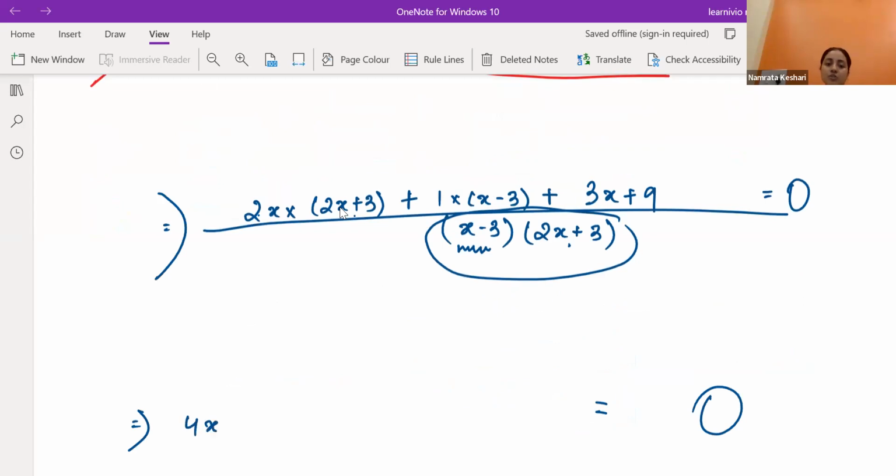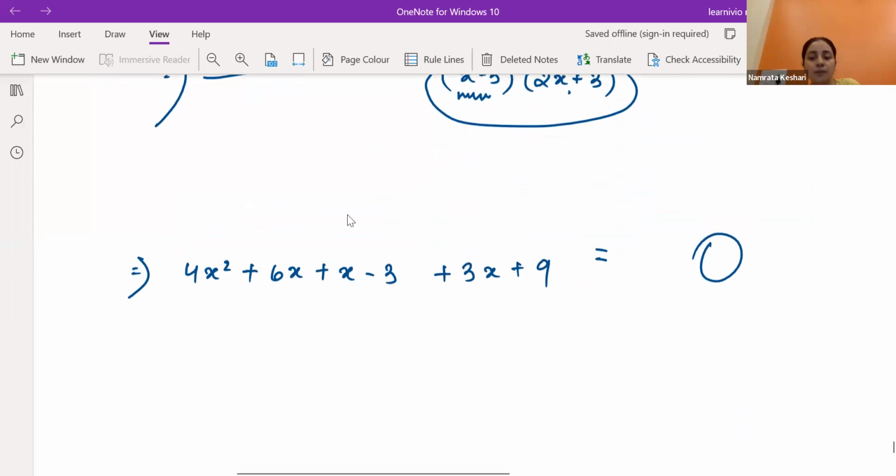That means 4x square plus 6x. 1 into x minus 3 is just x minus 3, plus 3x plus 9. This is what we have, and the denominator just got removed by itself. We have not done anything. We just tried shifting it to the other side. On the other side 0 was there, it just multiplied with 0 and became 0. Any confusion so far, Zoha? No, ma'am, no confusion.